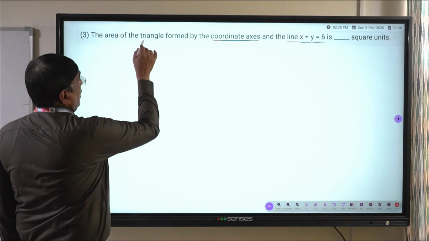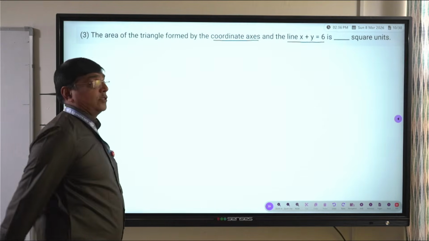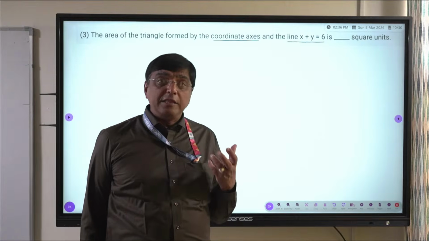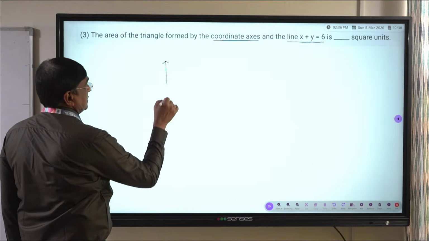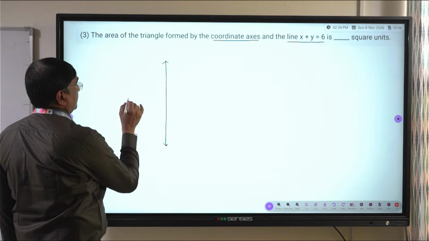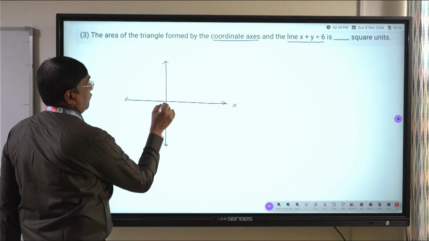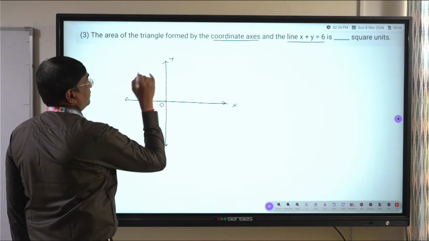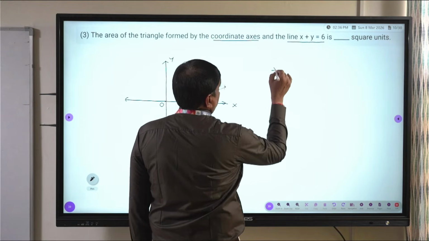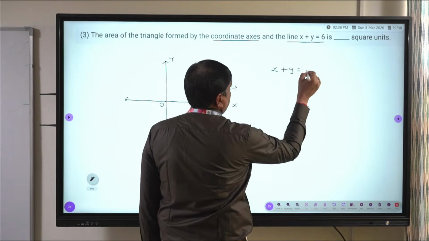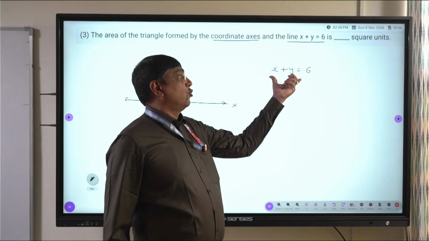The triangle formed by, ये दोनों से ट्राइंगल बन रहा है, तो सबसे पहले तो हमें वो ट्राइंगल दिखाना पड़ेगा. तो कोऑर्डिनेट एक्सिस is your y-axis, is your x-axis. By default, origin O. And the line x plus y equals 6 is a linear equation in two variable.